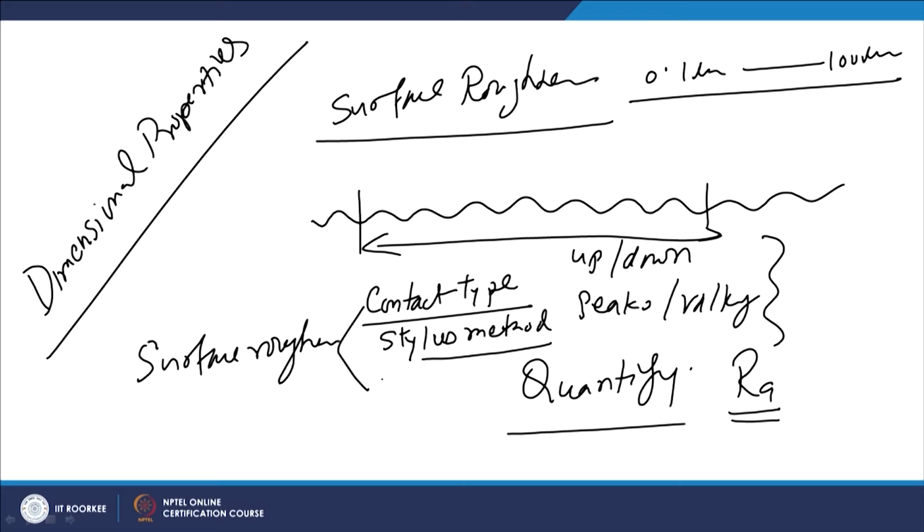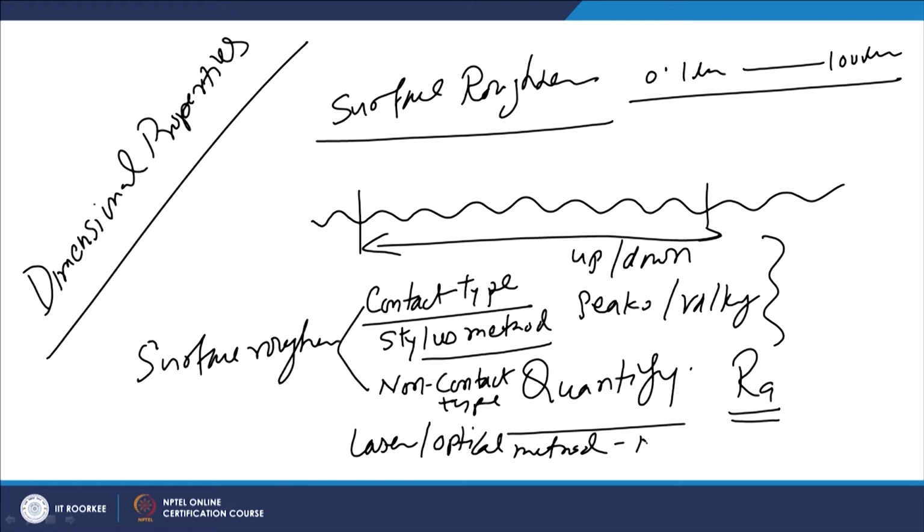And then there is another category, the non-contact type method. In this case, basically the light and laser based methods, these are called laser or optical methods, are based on the non-contact type of surface roughness measurements.